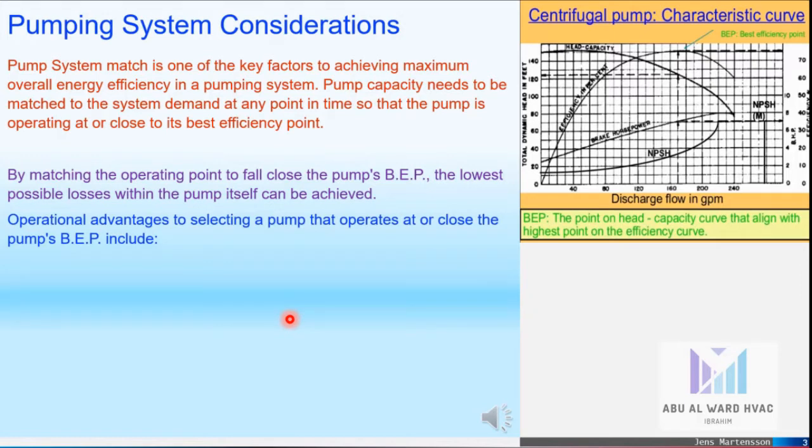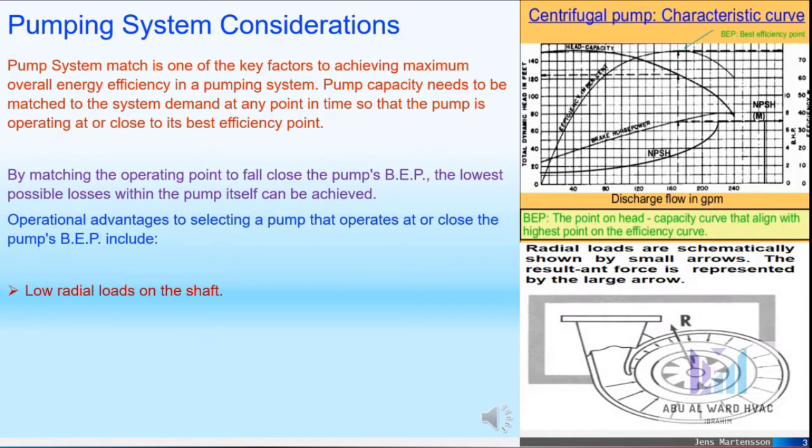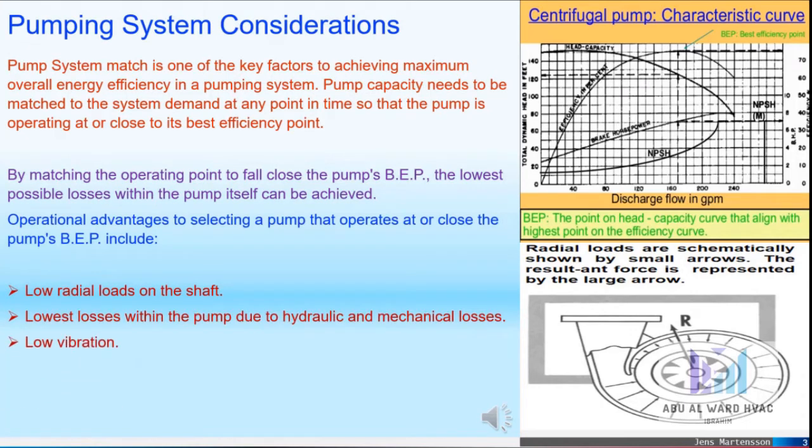Operational advantages to selecting a pump that operates at or close to the pump best efficiency point include low radial loads on the shaft, lowest losses within the pump due to hydraulic and mechanical losses, low vibration, low internal heat generation.